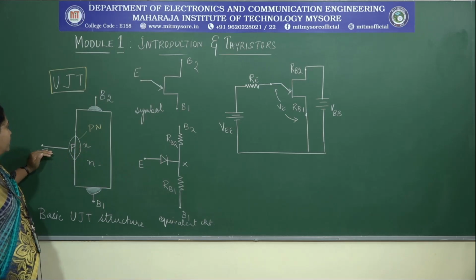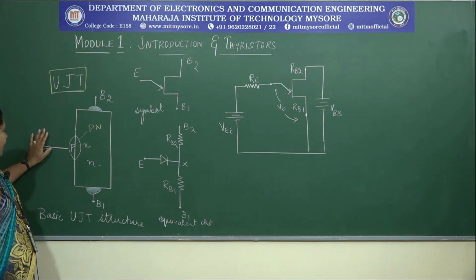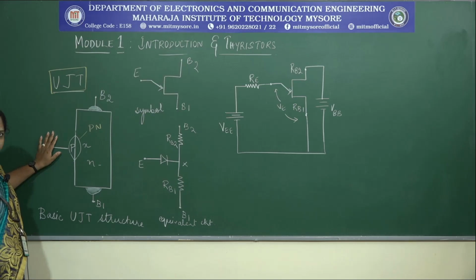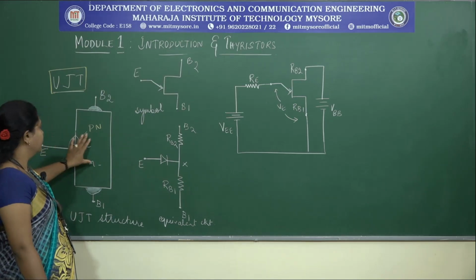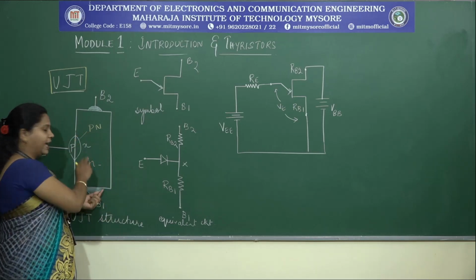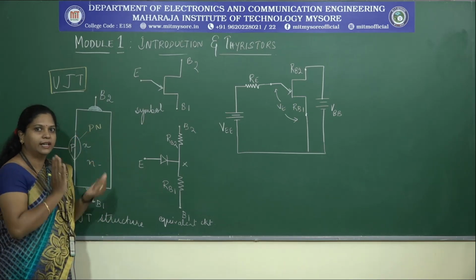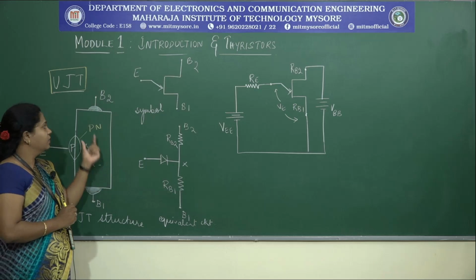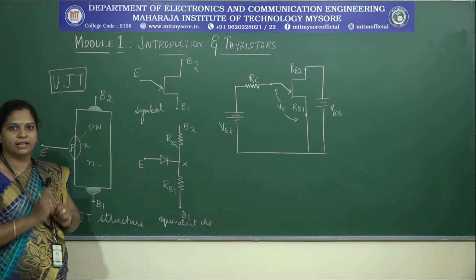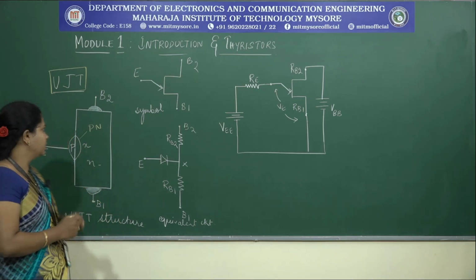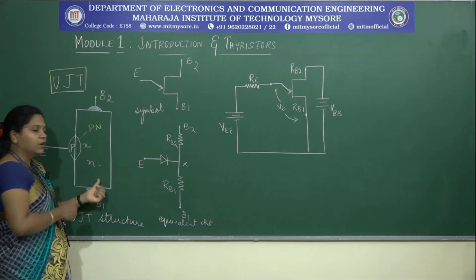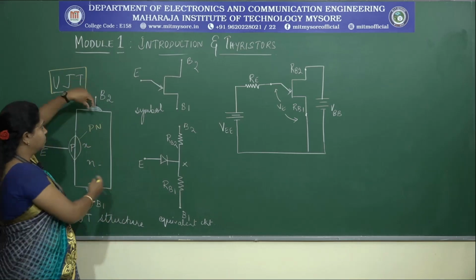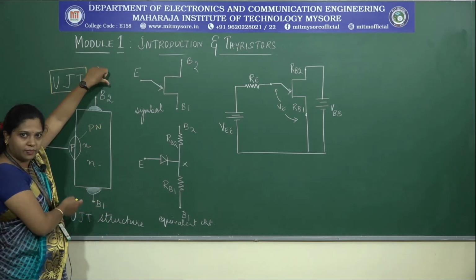Whenever the emitter is open, this N region, which is a lightly doped part, behaves as a resistor. This interbase resistor can be divided into 2 terminals, base 1 and base 2.